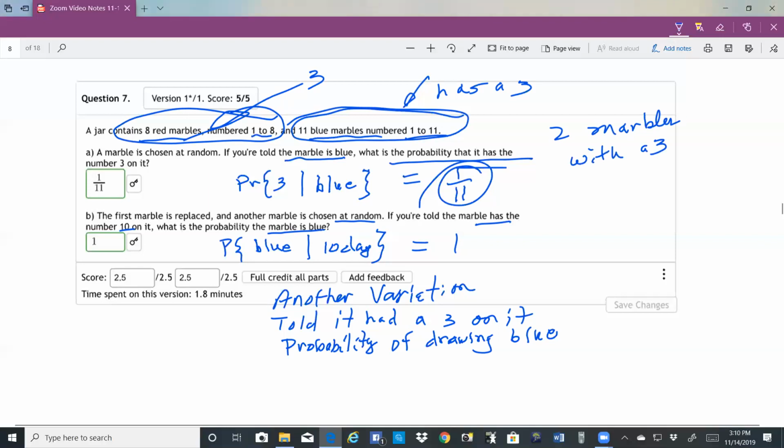So the probability of it being blue, given that it's a 3, is equal to 1/2. You've got 1 blue one and 1 red one. The probability that it's blue is going to be 1/2.